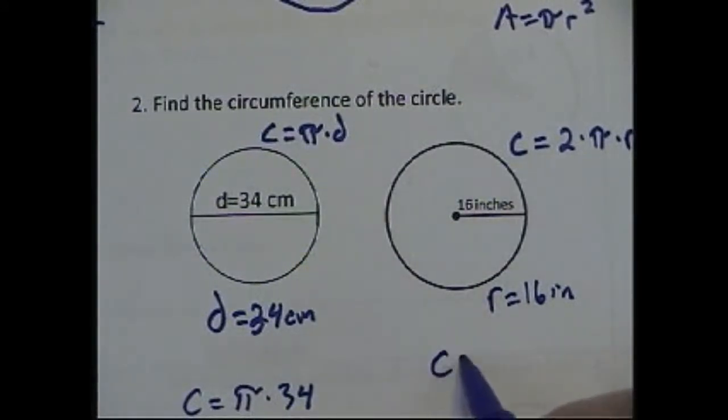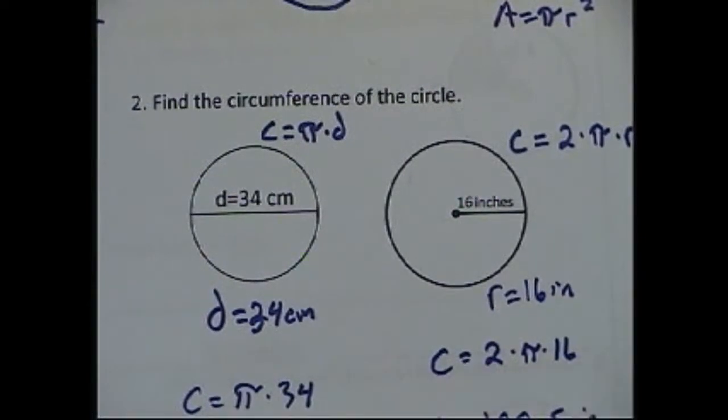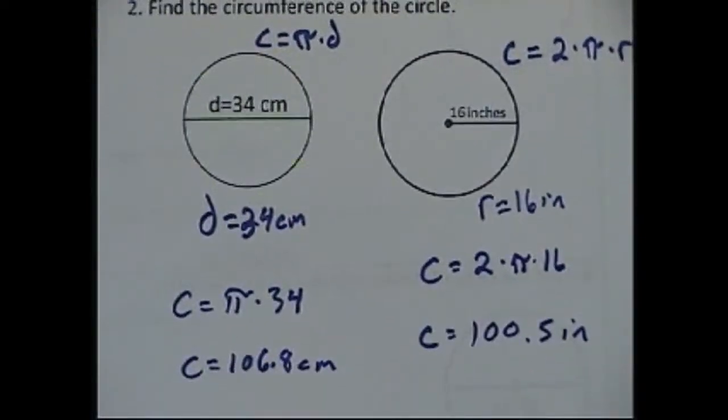On this side, we will need to use the formula 2 pi r, where r is 16. And we end up right around 100.5 inches. This is just a length. We are just finding the length around the circle. So we are leaving our units in centimeters and inches.